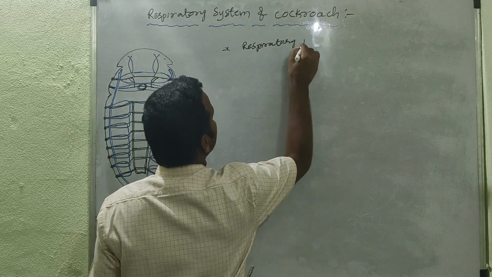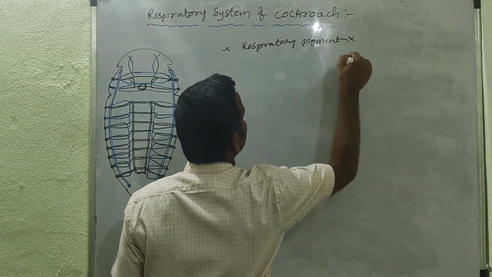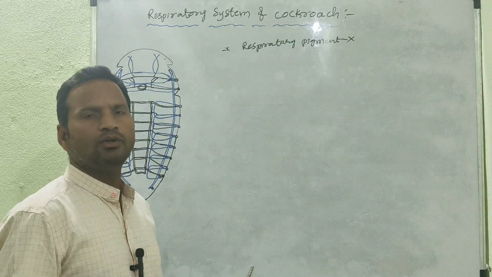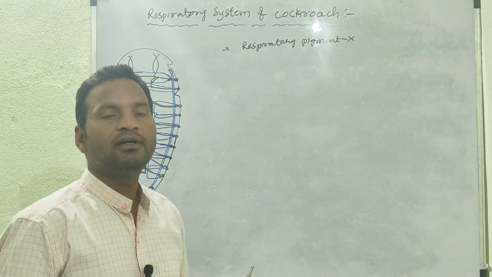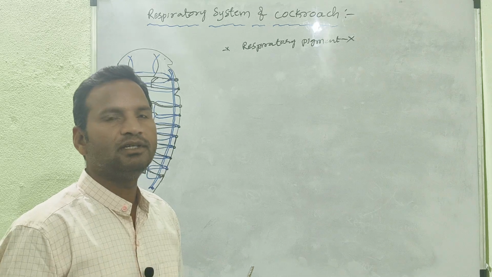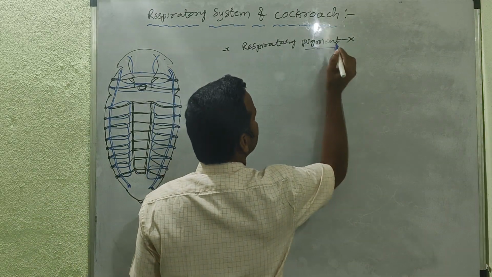Respiratory pigment means it is absent. Due to the lack of respiratory pigment, the blood of cockroach is colorless.